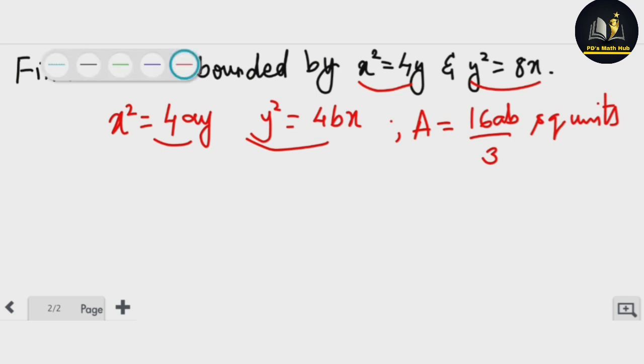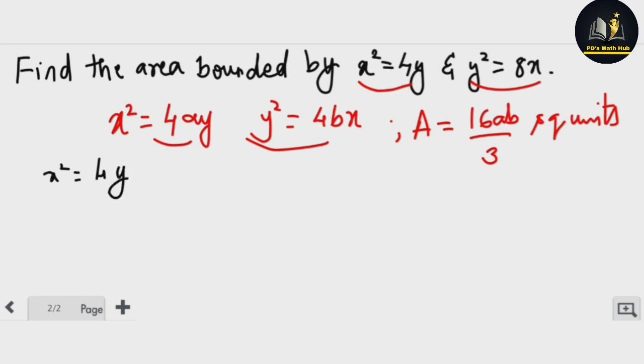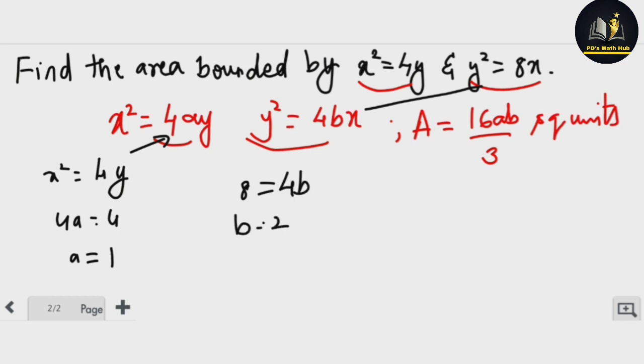In the first case, the given equation x square is equal to 4y, on comparing, 4a is equal to 4, so the value of a is 1, and for the second curve, 8 is equal to 4b, therefore the value of b will be 2.